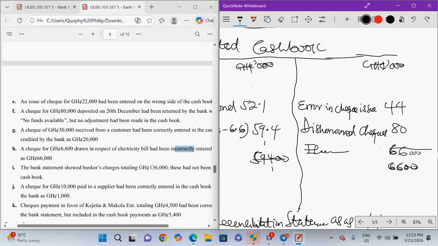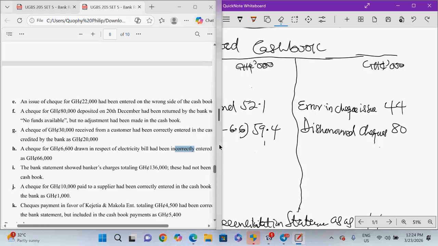Okay. Does it make sense now? Yes, sir. So now the correct thing to do, as the answer, is just to debit the cash book with 59.4. Indirectly, it will cancel the error that they made earlier.